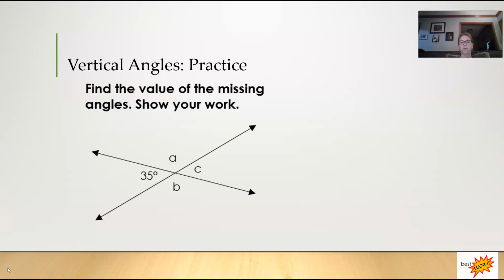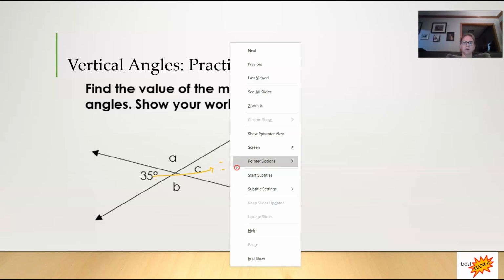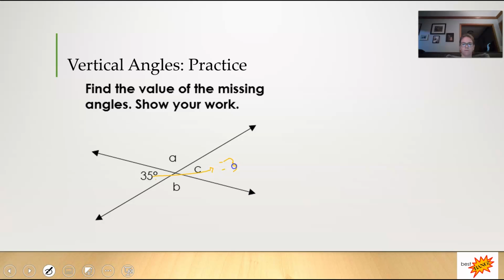Okay, using what we know about vertical angles, we would know that C is vertical, so it's also going to equal 35.